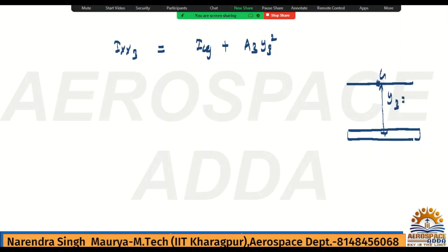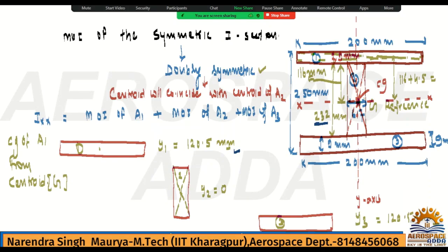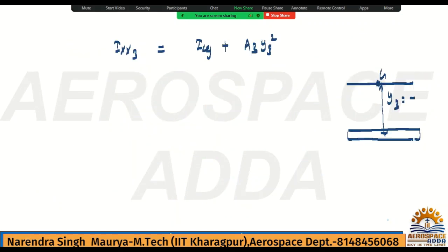Remember, if you are going below the centroid, then it will be negative. I forgot to mention here, this will be negative. It will be 120.5 because you are going below the centroid. So minus 120.5.